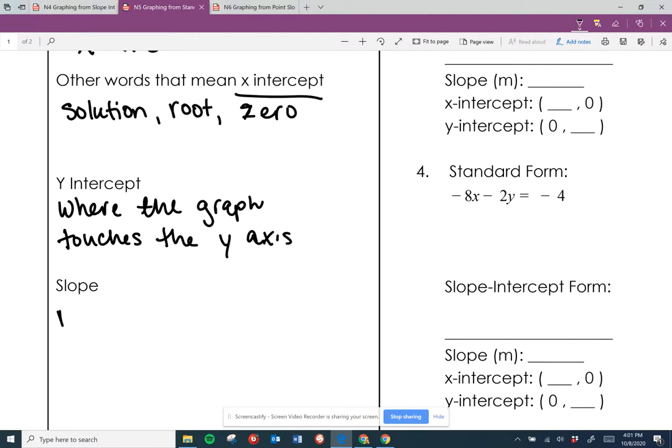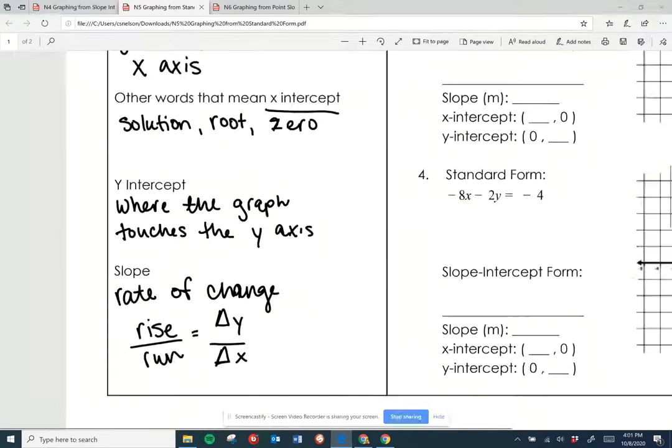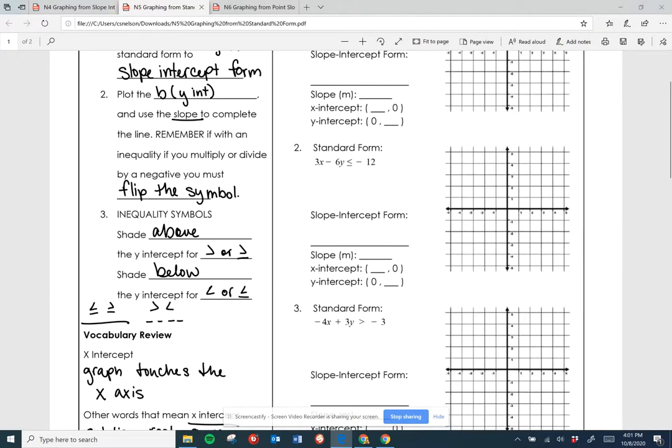The slope is the rate of change of the graph, and you find the slope of the graph by calculating the rise over the run, also known as change in y divided by change in x. So we're going to practice some over here.